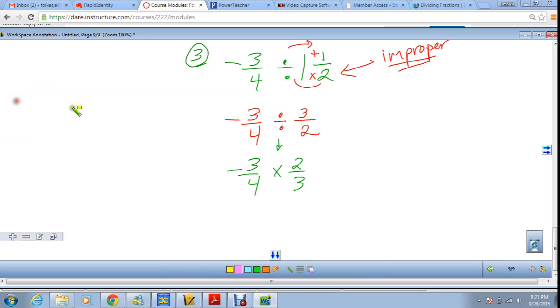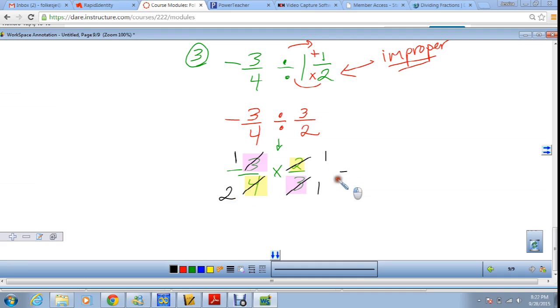Now, can we cross simplify? We sure can. 3 goes into 3 once, 3 goes into 3 once. Then we also have our 4 and our 2. 2 goes into 2 once, 2 goes into 4 twice. Now we can multiply it out.